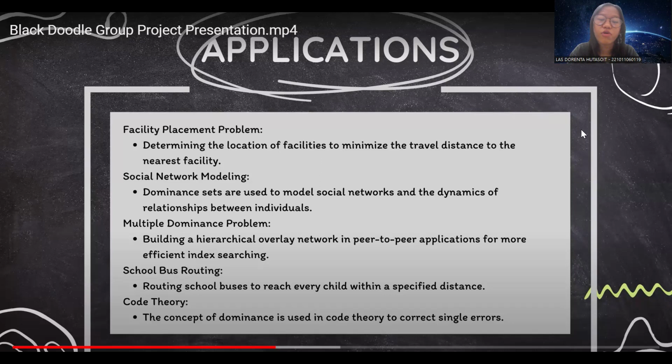A similar problem occurs when the maximum distance to a facility is fixed and one attempts to minimize the number of facilities necessary so that everyone is served.